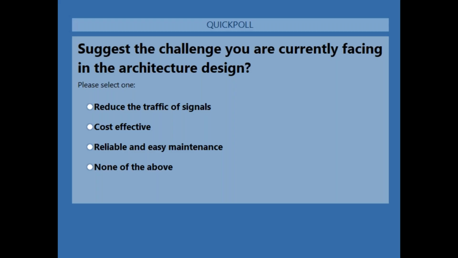The poll reads as: suggest the challenge you are currently facing in the architecture design. You have 30 seconds to answer. It has 4 options: reduce the traffic of signals, cost effective, reliable and easy maintenance, and none of the above. 10 seconds more to go.